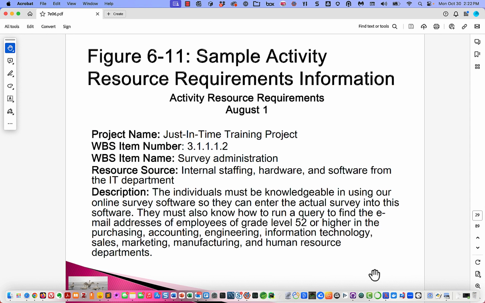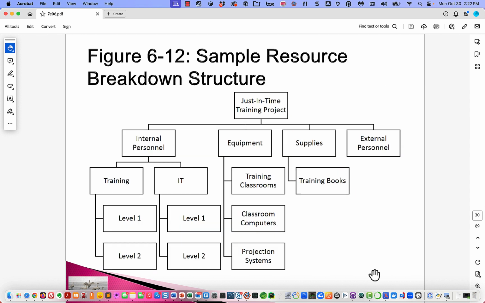Again, this would be a way to document what your expectations were as the person who was putting together the plan. Again, it's often helpful to document the assumptions that you've used to create the plan. And here's a good instance of a way that you might do that.